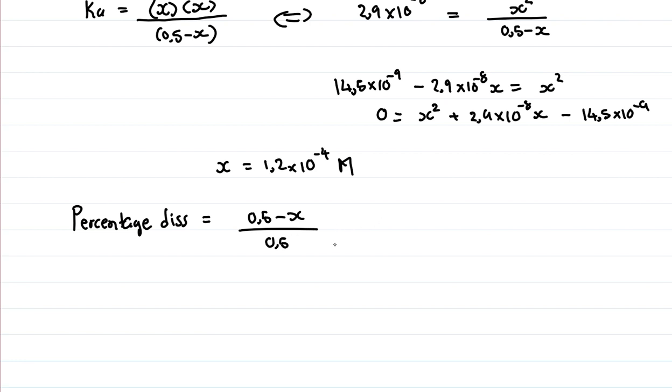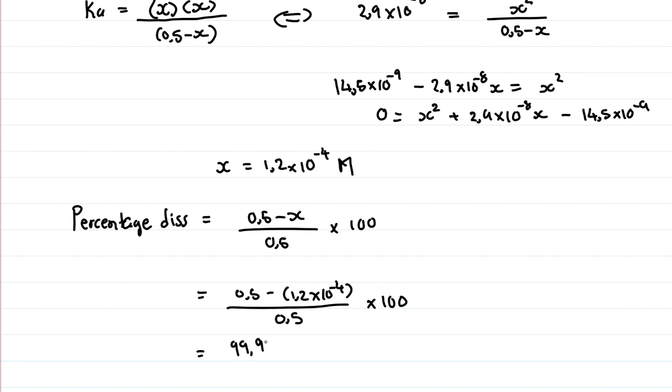We're going to multiply this by 100, so 0.5 minus 1.2 times 10 to the power of negative 4, divided by 0.5, multiplied by 100, and we get 99.976%. So this is not really possible.